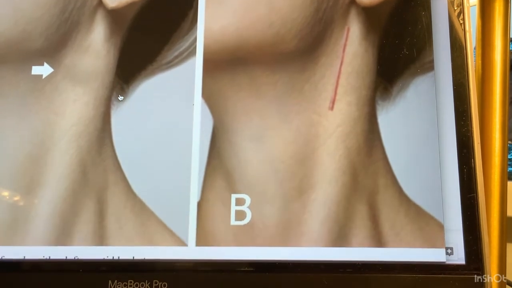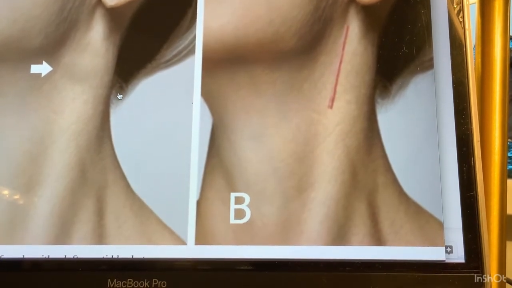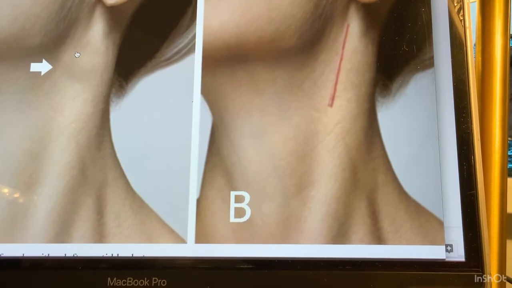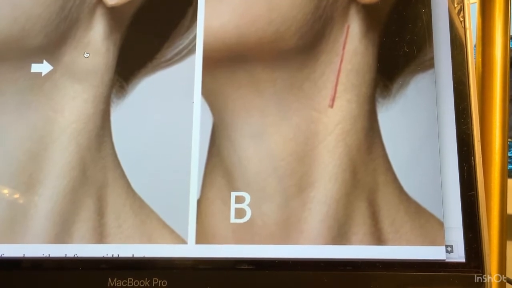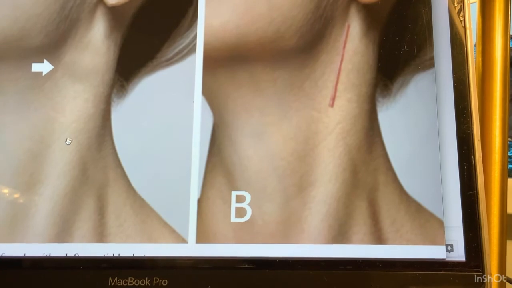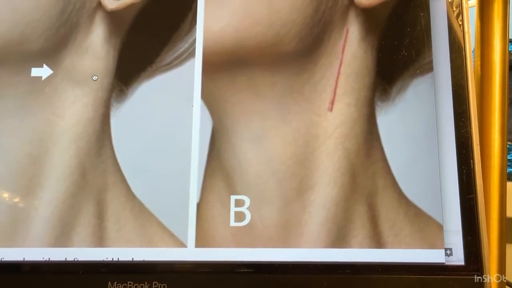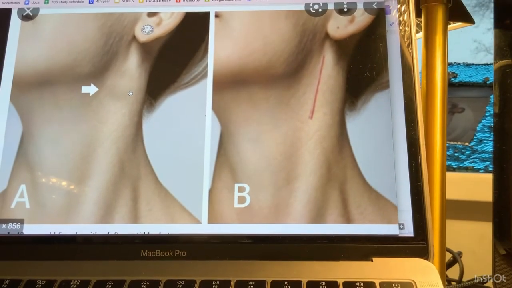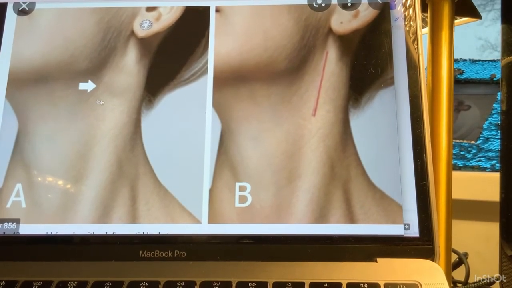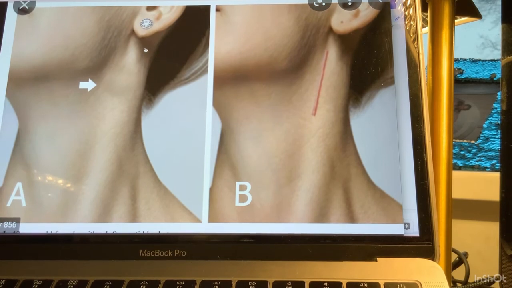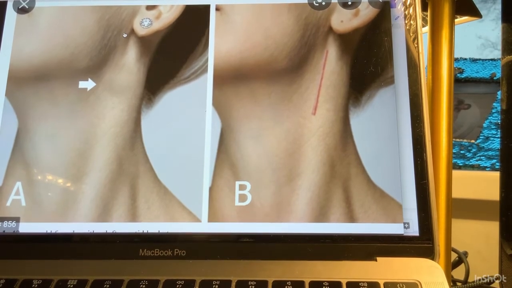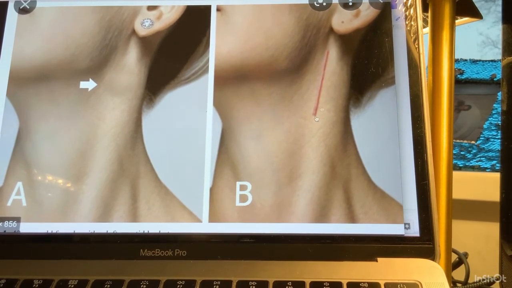I'm now showing you a tumor which is once again in the anterior triangle of the neck, because you can quite clearly see it's in front of the sternocleidomastoid muscle right here. Let me zoom you out a bit. Here, it is in the anterior. It's in front of the sternocleidomastoid muscle. This muscle running along here and this muscle running along here is the sternocleidomastoid.